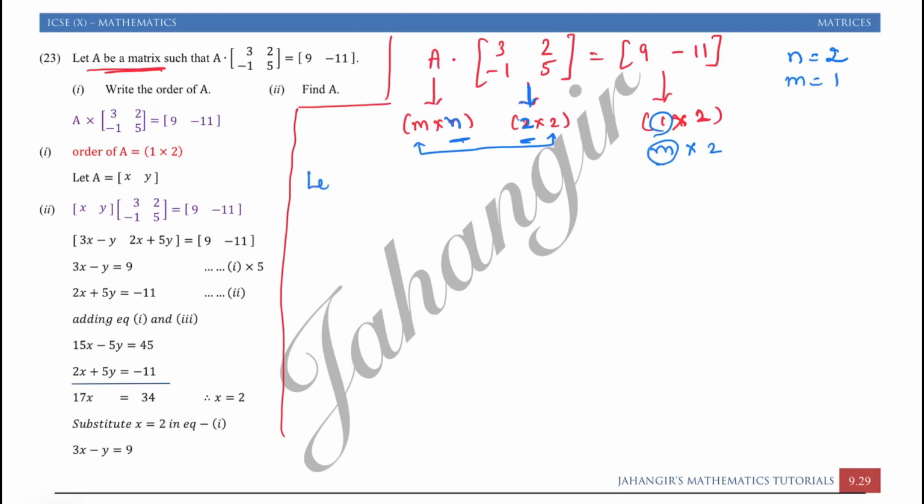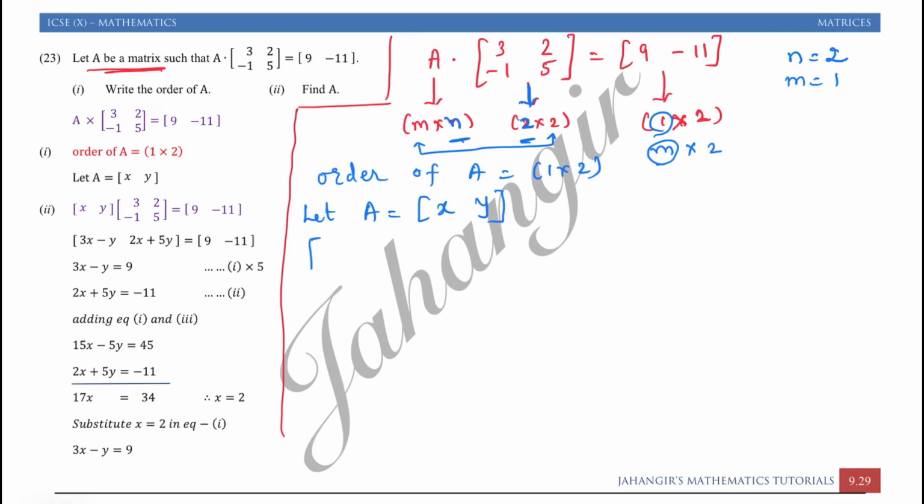Therefore the order of A is equal to 1 by 2. So I can say A is 1 by 2, meaning 1 row and 2 columns: x and y.